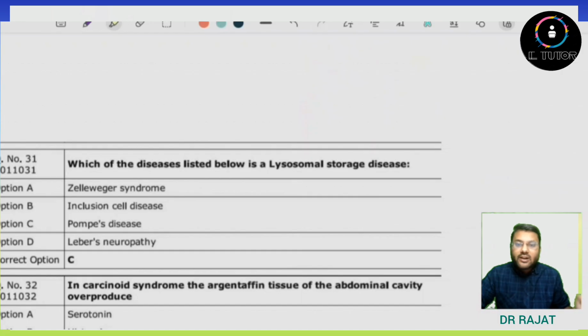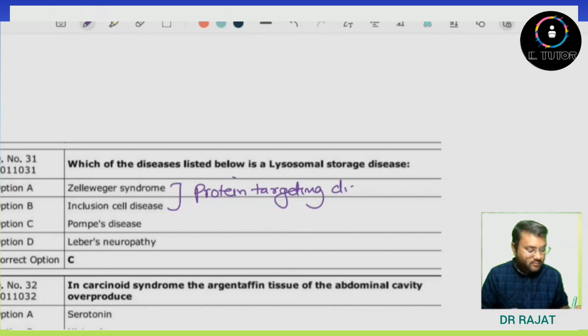Which of the following diseases listed below is a lysosomal storage disease? Among the options, Zellweger syndrome and inclusion body disease are protein targeting disorders.